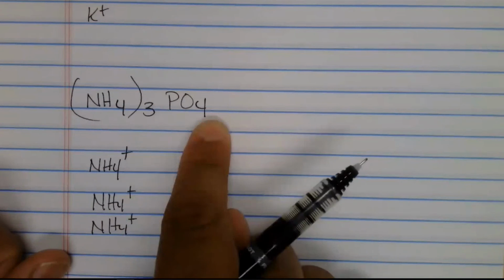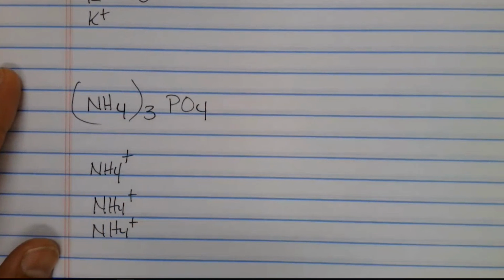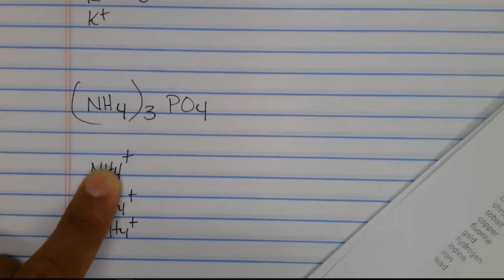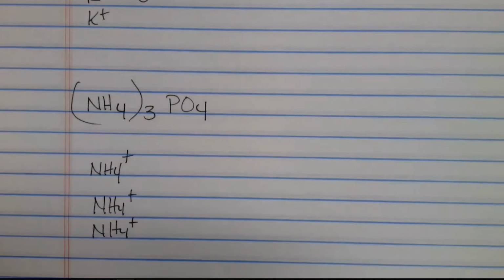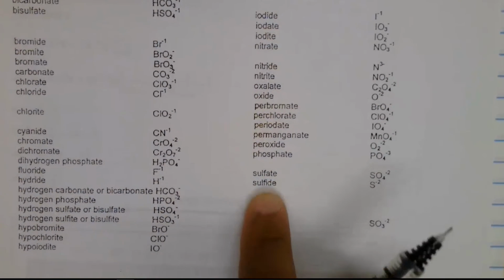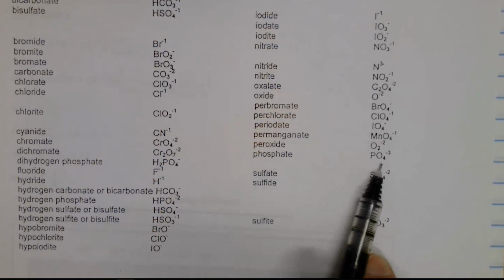Now, look at the second part, PO4. So when you see PO4 as part of this, this is ionic, of course. These are ions. So when you see PO4, let's go to our anion chart, and you see PO4 is called phosphate right here.